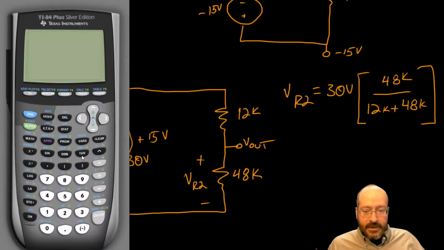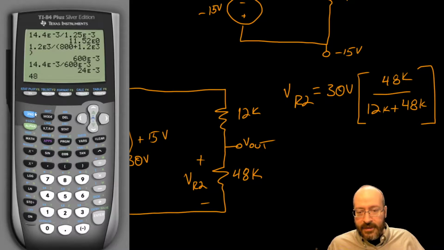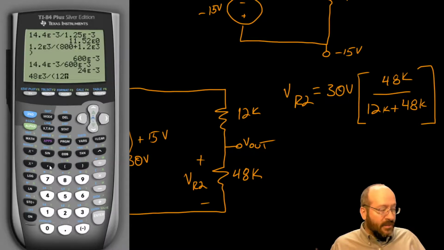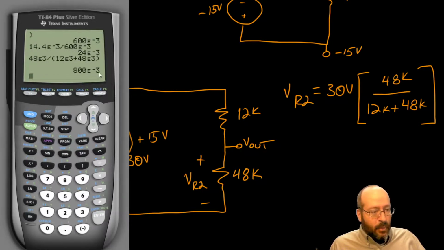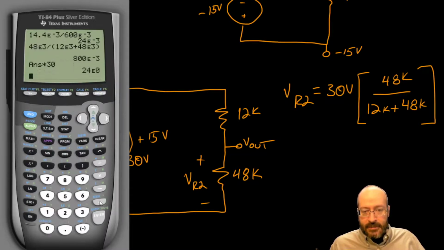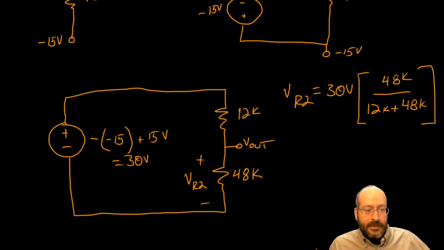Let's grab a calculator: 48K divided by 12K, 48K. Okay, and that's going to give us 0.8 of 30. Is that 24? 24. Okay.